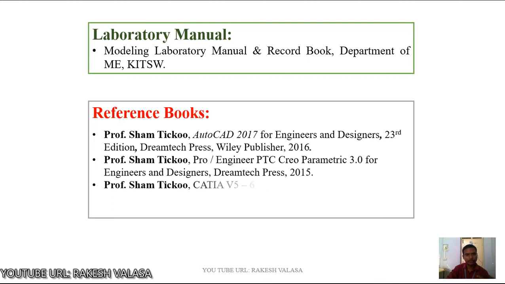The third one is Professor Sham Tickoo, CATIA V5-6R2017 for Designers, 15th edition, BPB Publications 2017. These are the three reference books. And the first one is the laboratory manual prepared by the Mechanical Engineering faculty, Kits Warangal.